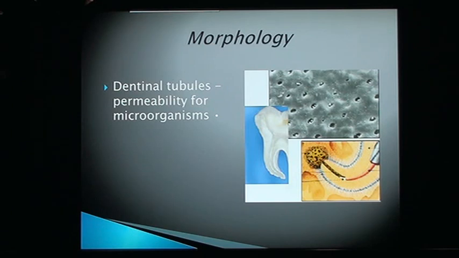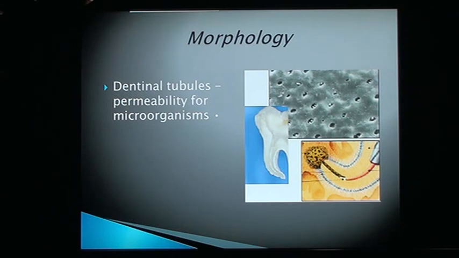First limitation, dentinal tubule permeability for microorganisms. Bacteria can migrate inside these millions of dentinal tubules, which have openings of 5 to 8 micrometers, and all of us know the bacteria size is from 3 to 5.